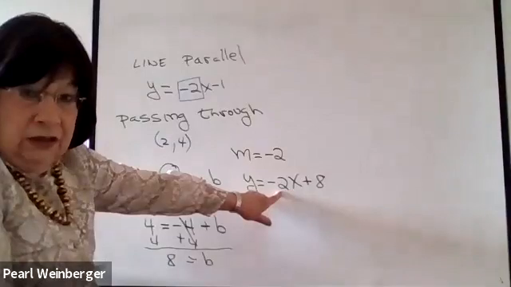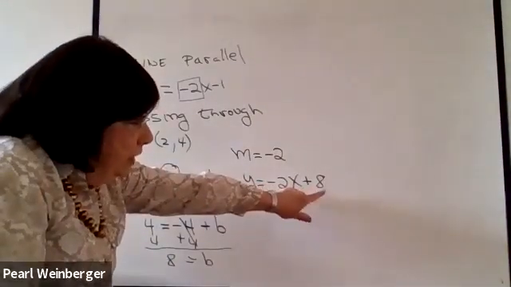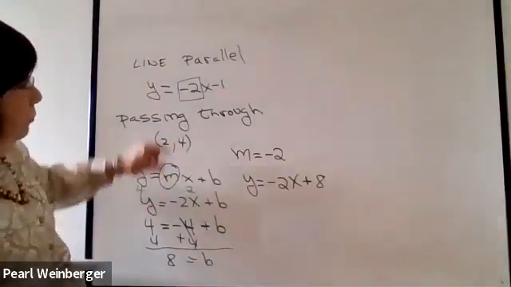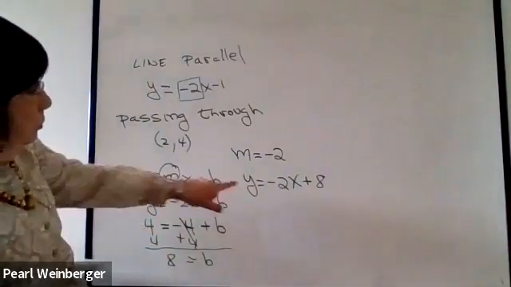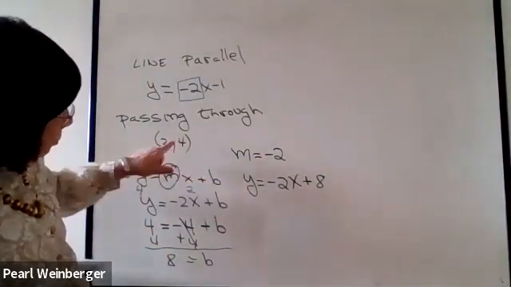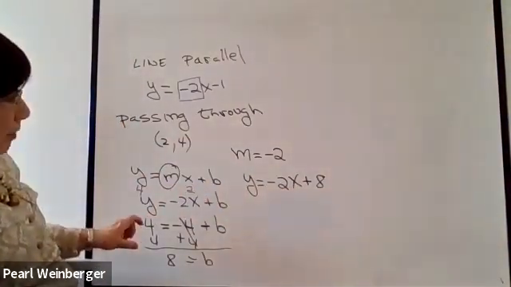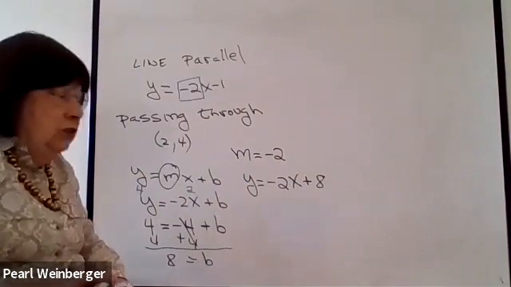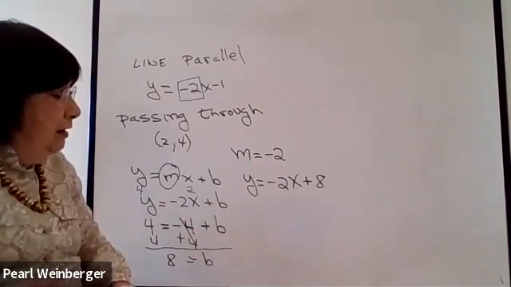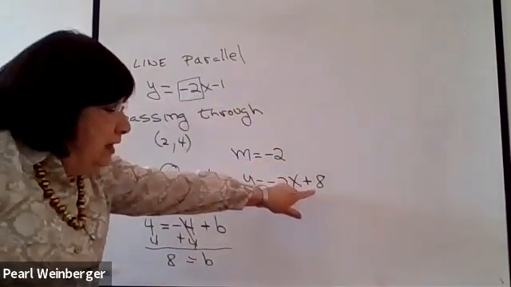Corey, you were right in terms of half the problem. Yes, it has the same slope, but what isn't the same is the y-intercept. In order for it to go through the point 2, 4, we need to replace the y with the 4 and the x with the 2 and see what that works out to be. And it worked out that the y-intercept for this line is not -1, which this one had, but plus 8.